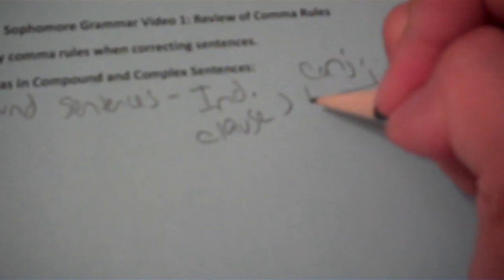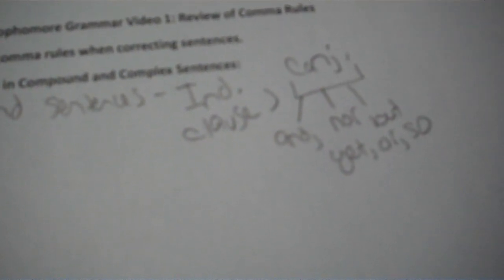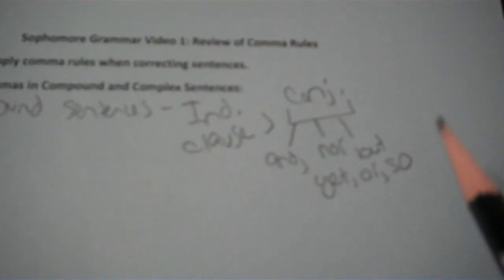And again, remember what we talked about freshman year, the conjunction that joins two independent clauses will be either and, nor, but, yet, or so. Okay? So those are the conjunctions that you can have whenever you're trying to combine two independent clauses.